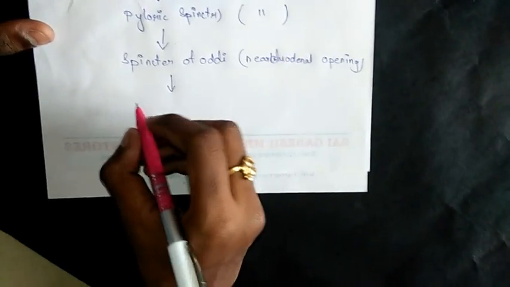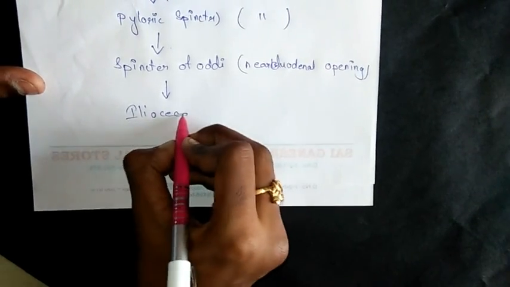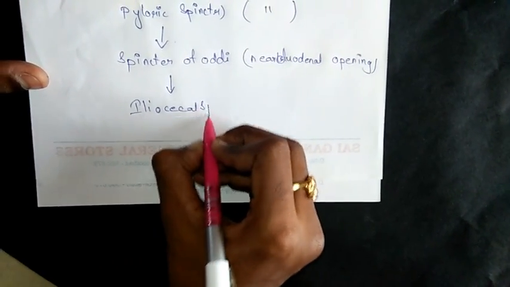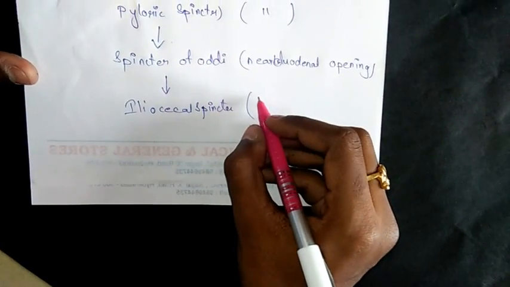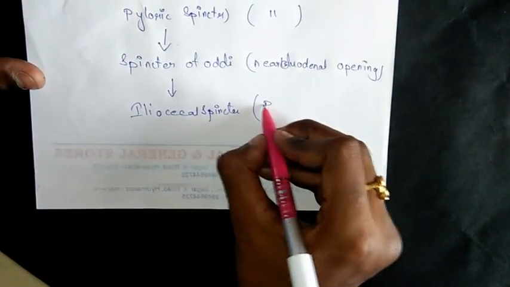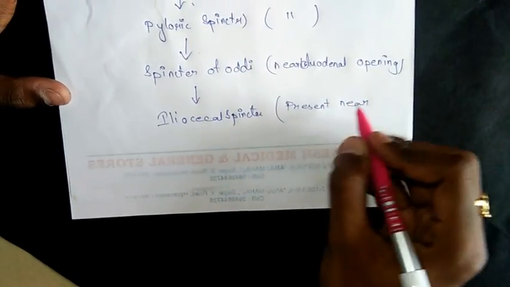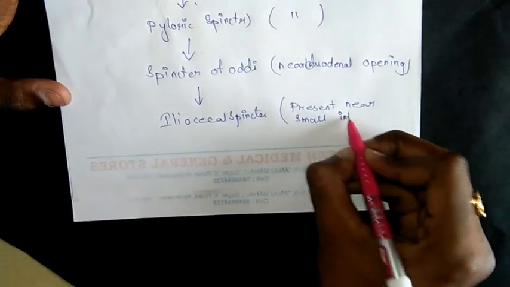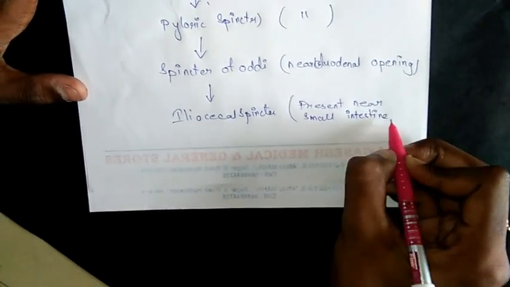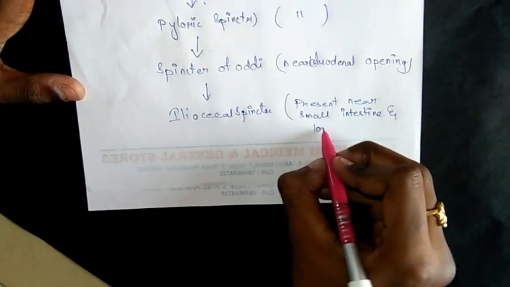The following is the ileocecal sphincter, present between the small intestine and large intestine.